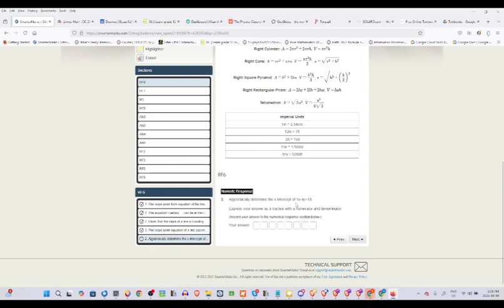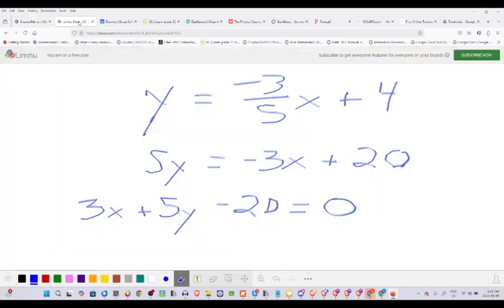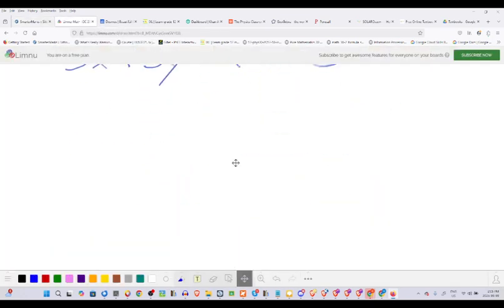So algebraically determine the x-intercept. So we have 1x minus 4y equals 18. Now the question says algebraically determine, but it's also numeric response.